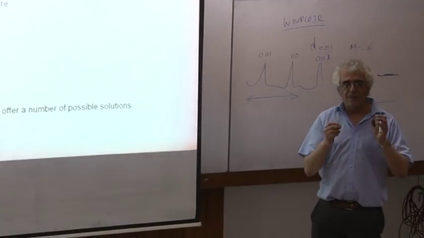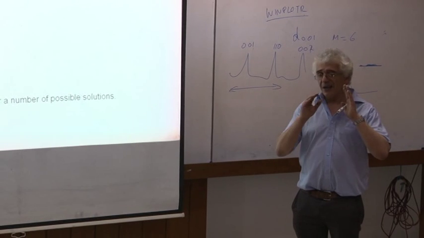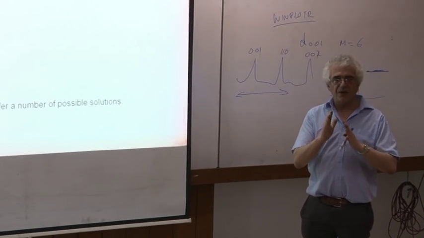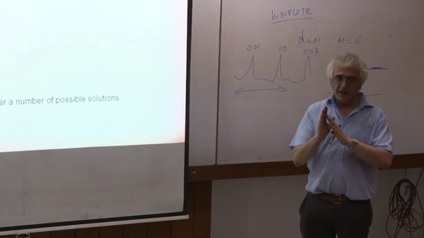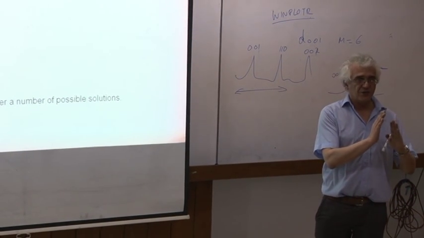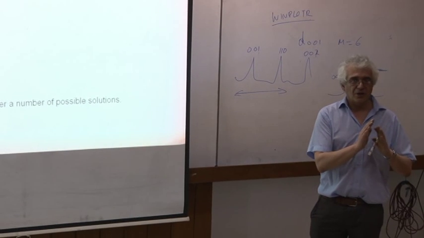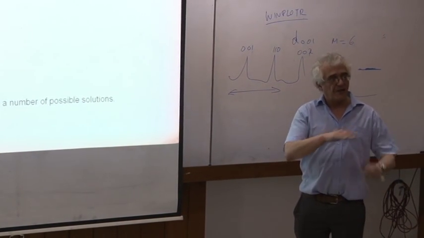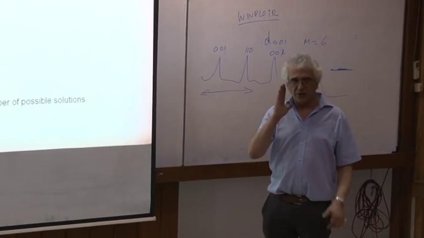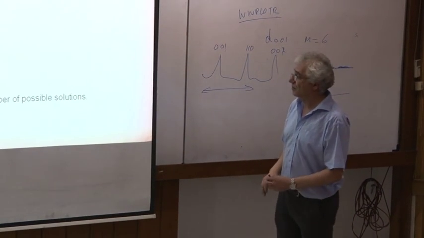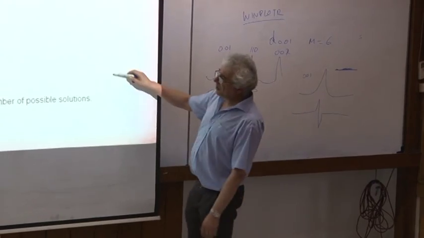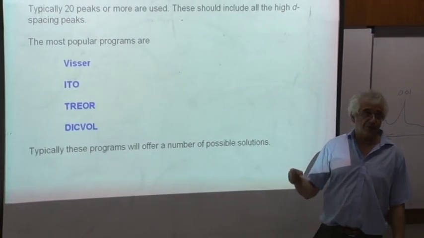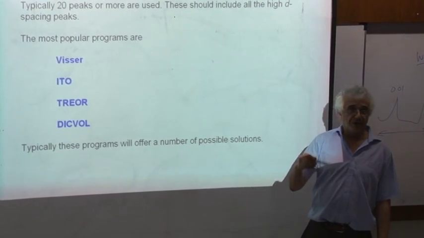But it's ultra important that you have very, very carefully measured peaks and that they have been corrected already for the zero point correction. So an internal standard or an external standard, something like that, to make sure that you're confident of your d-spacings. Typically, they'll offer a number of possible solutions and you will have to guess which one is the right one based on their figure of merit.